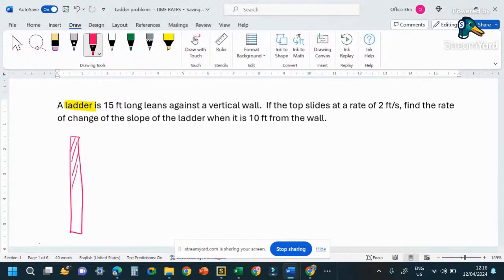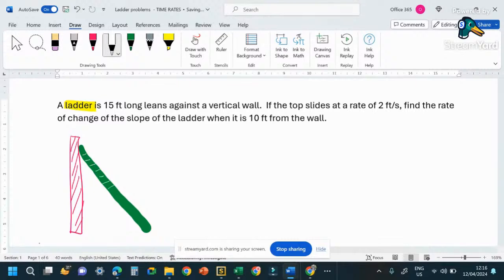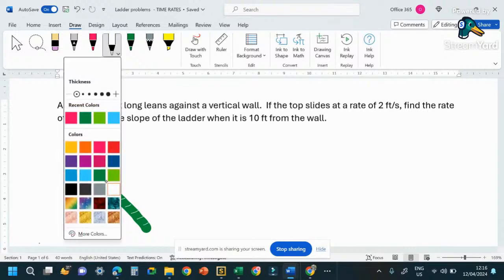If this is a wall and here is the ladder, this is used to transport anything up the stairs or down the stairs. And there are some steps. So you use this to move up some objects or bring down some objects. It's like a stairs, but it's temporary in nature.